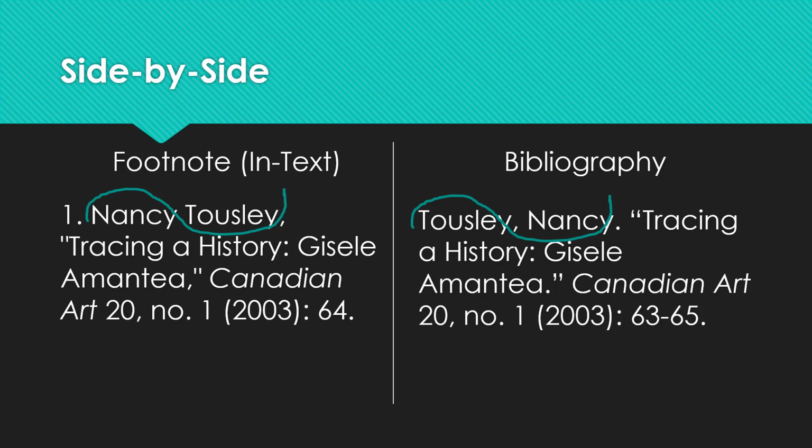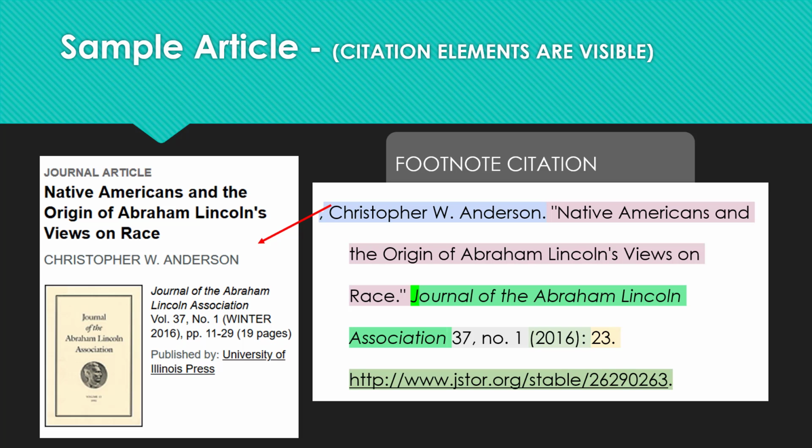Here is another pointing out the changes in the author's name, the punctuation, and then the page numbers. And here is a view from a journal article appearing in the JSTOR database. The elements to complete the citation are visible.